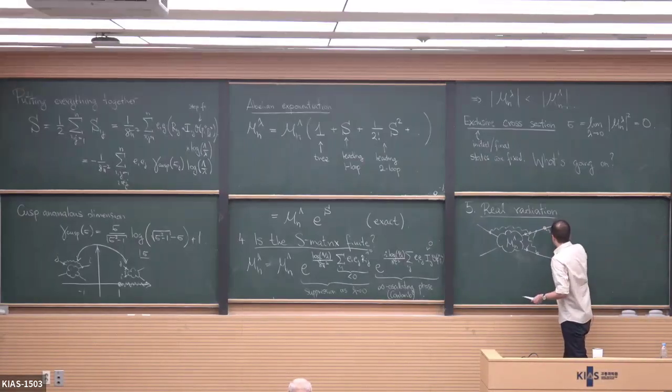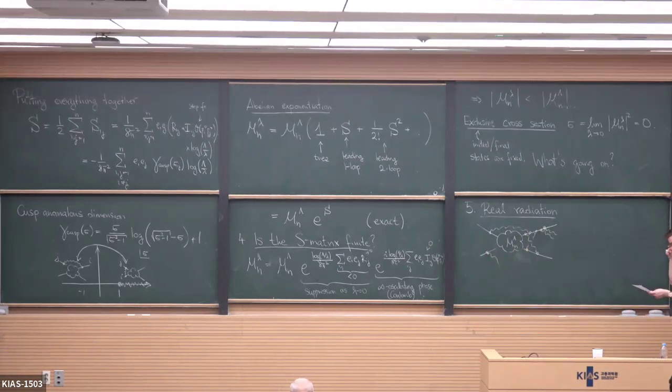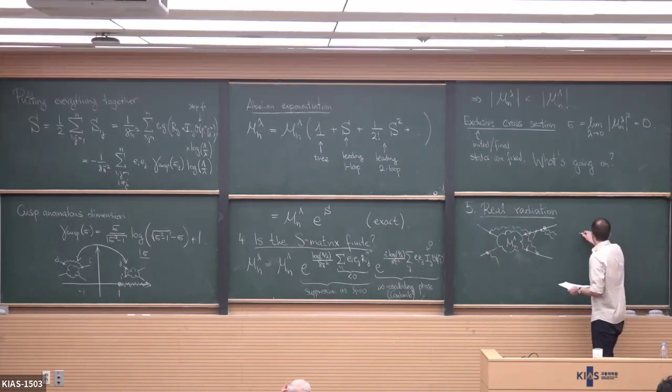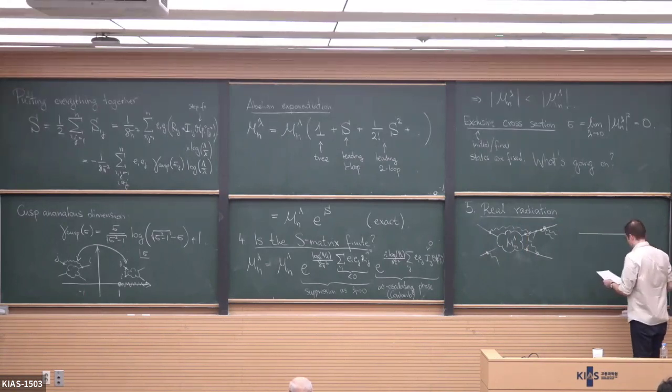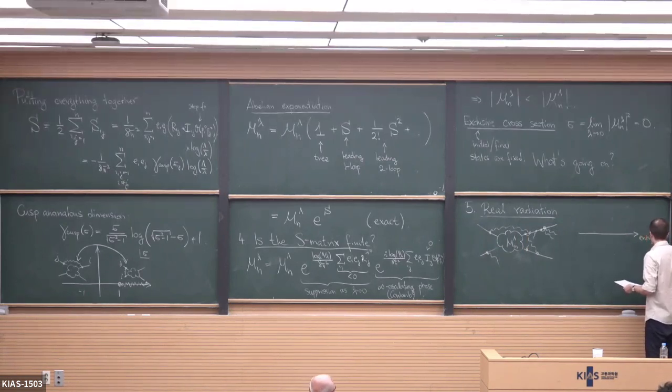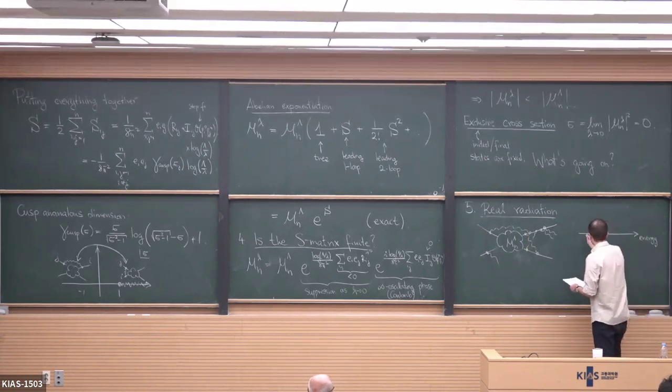And now what we have to include is also the real stuff, so all sorts of radiation here. Now the interpretation is going to be slightly different. We can make a different interpretation, which is that we have this distinction between soft and hard modes.